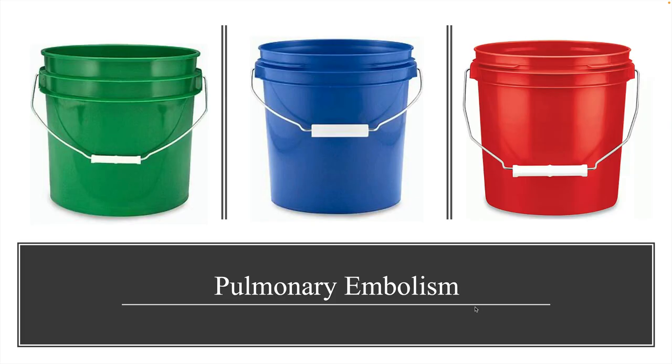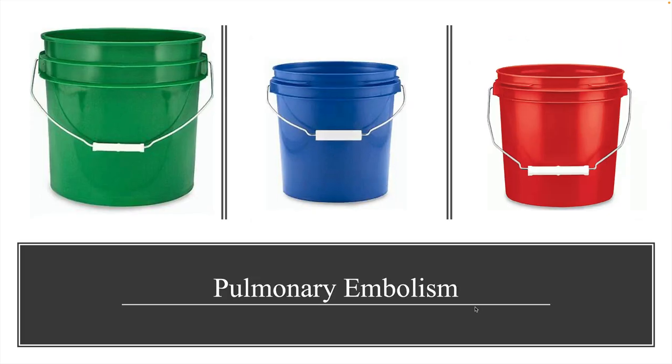The first bucket's green. I made it green because green means they go, and these people can probably go home depending upon if we can get them anticoagulation and we can get everything set up correctly. These are going to be your smaller pulmonary embolisms. On this CT scan, the red arrow is pointing at the clot. It's a small clot. These are usually what's described as a subsegmental or segmental pulmonary embolism.